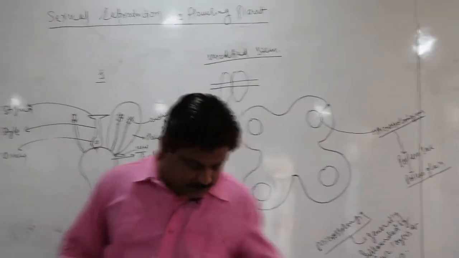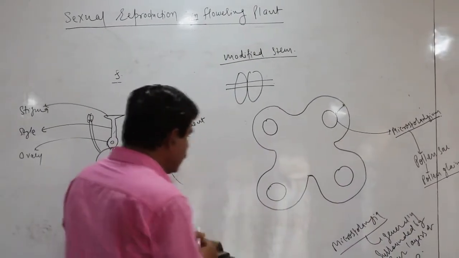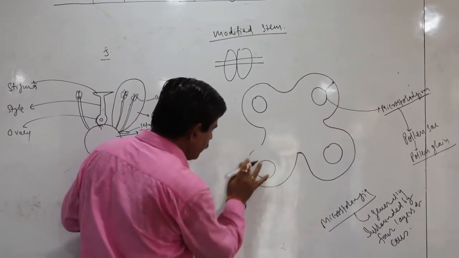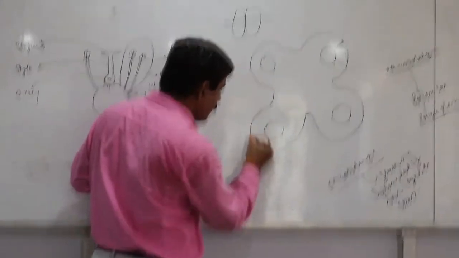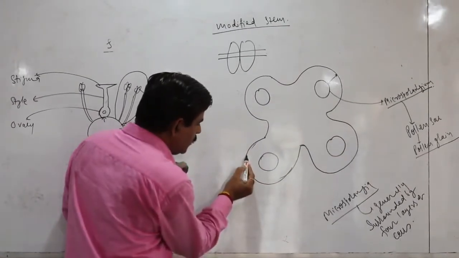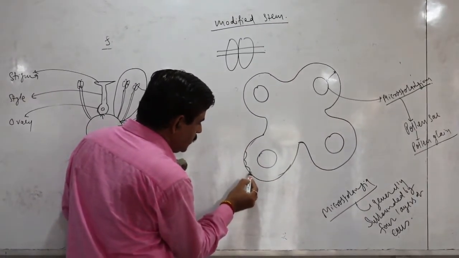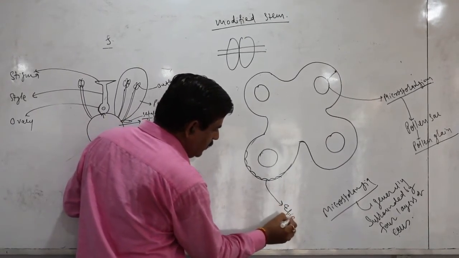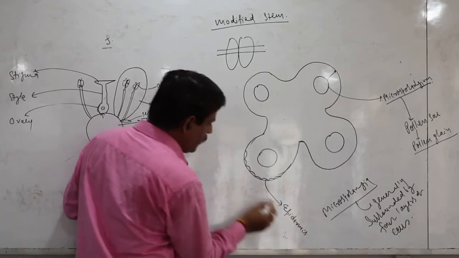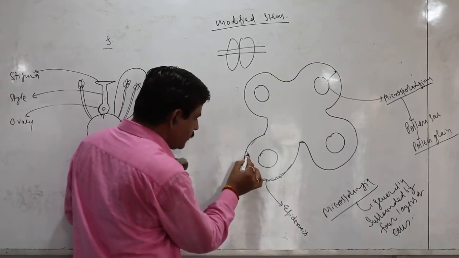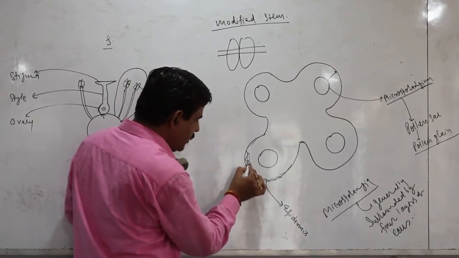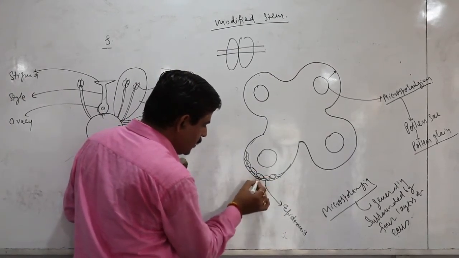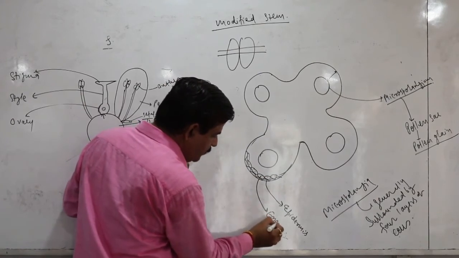The four layers of cells I am drawing here. First, this one is the epidermis. Next to this is a layer of endothecium.